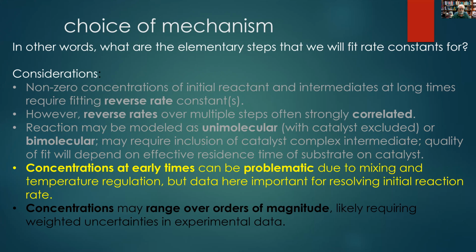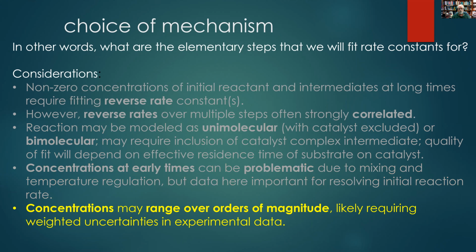We have trouble with concentrations at early times because these reactions are often relatively fast and things don't mix at the same time. There can be some difficulty getting the temperature to settle down. On the other hand, we need those data points at early times because if that's where the reaction is happening fastest, that's where our best information is about the reaction rate.